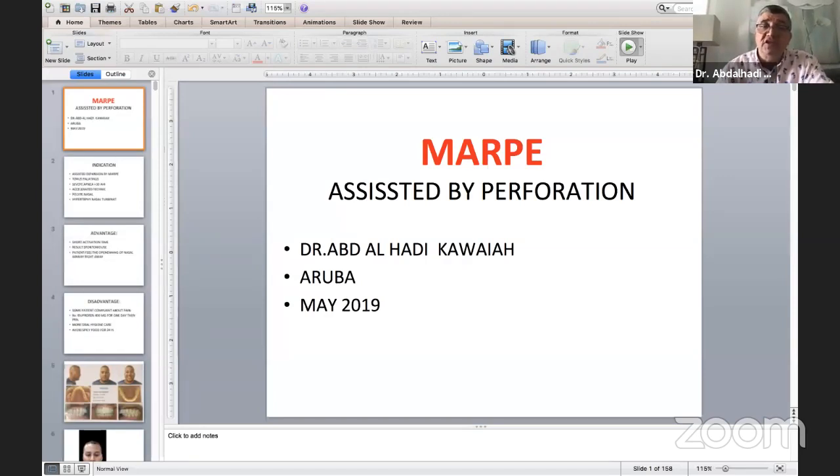I do perforation if the patient has severe apnea, over 30 AHI, apnea hypopnea index. I do it sometimes for an accelerated technique to get accelerated results. I do it when I have nasal polyps. I do it when I have nasal turbinate hypertrophy. So in these cases, I do perforation.